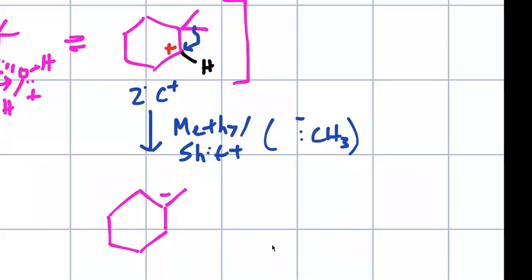So now that's still there. Now that carbon is positive. Then you have the other methyl group that moved here. And the hydrogen is still here. Right? And then it's this carbocation that is going to undergo rearrangement. Not rearrangement, elimination.